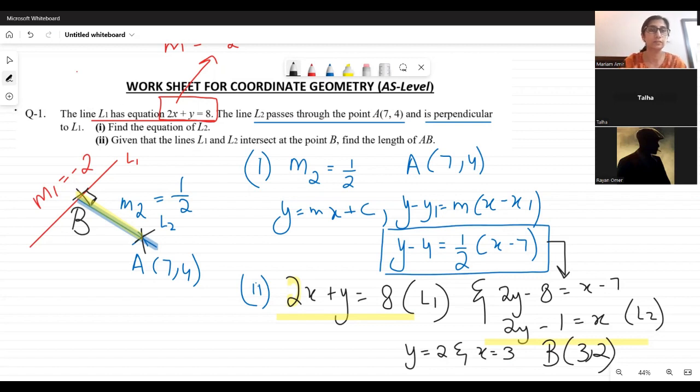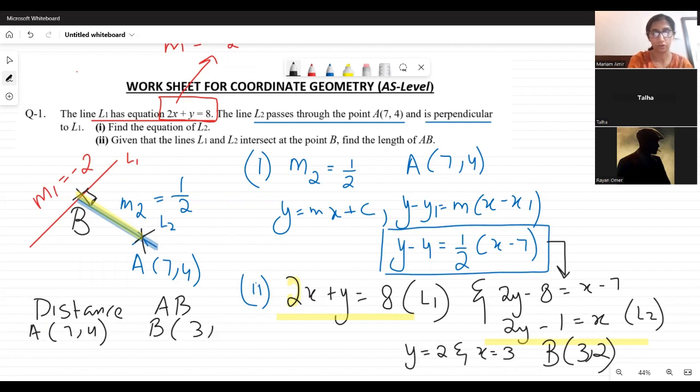Now find the distance between A and B. Distance formula. Exactly. A's coordinates are (7, 4) and for B the coordinates are (3, 2). So the distance formula would be square root. Who can help me substitute the values?